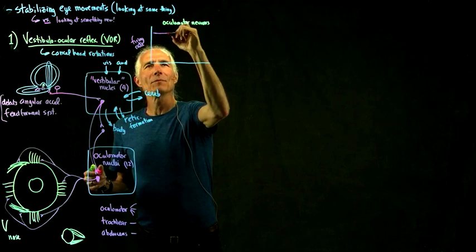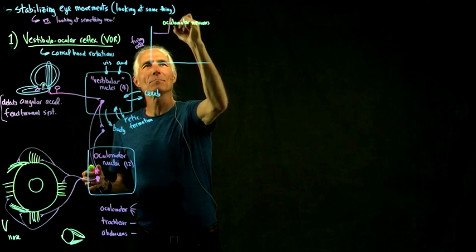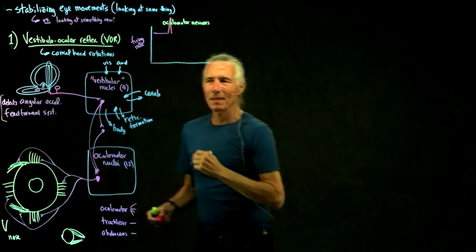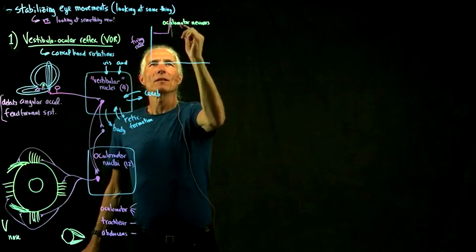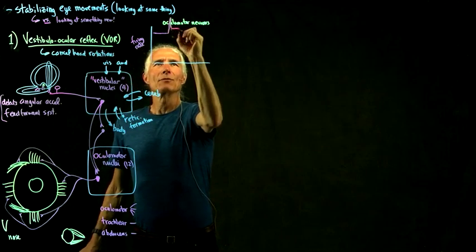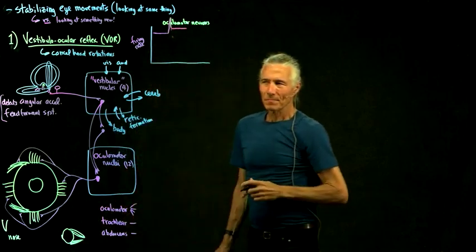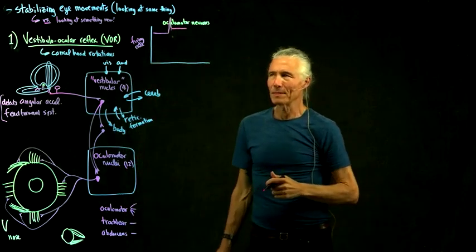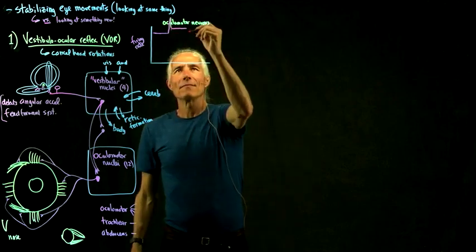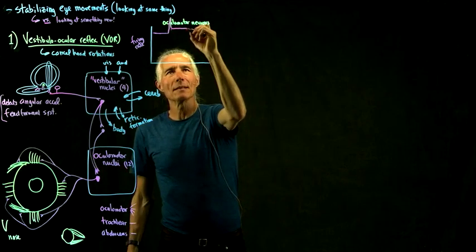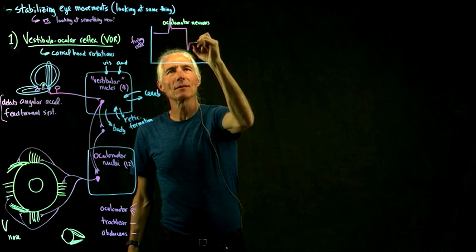And so the little yank will appear as a little spike in the firing rate, and then it will level out to a new eye position further off to the side, if this was the abducens. And then if you go the opposite direction, it'll actually give you a little depression before it goes.